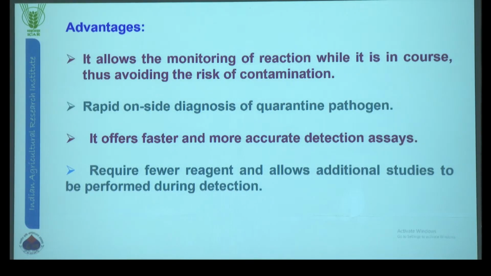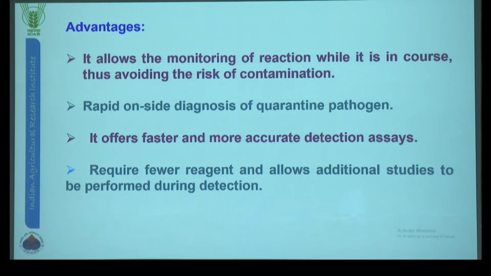So what advantage does real time have? Already we discussed monitoring the reaction, avoiding the risk of contamination. Means during amplification you can see whether amplification has started or not. Rapid diagnosis of quarantine pathogens or any other pathogens, faster and more accurate detection compared to PCR, and requires less reagent.